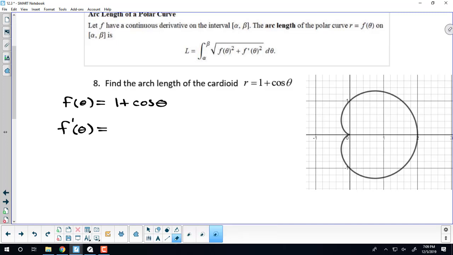So what is f prime of theta? Yeah, negative sine theta.